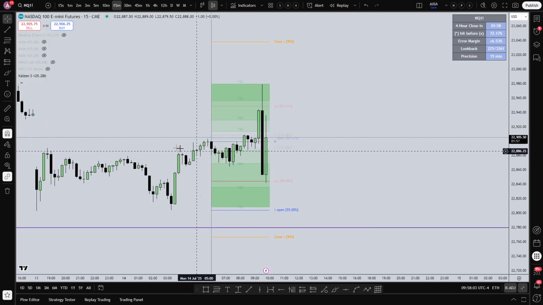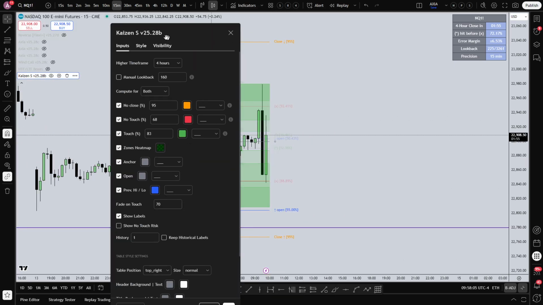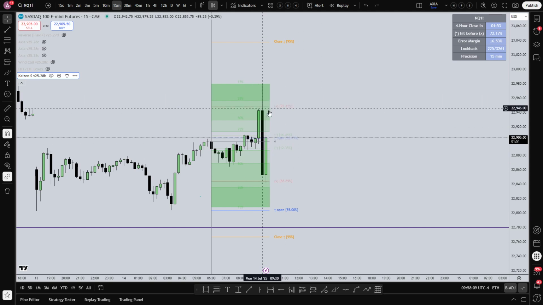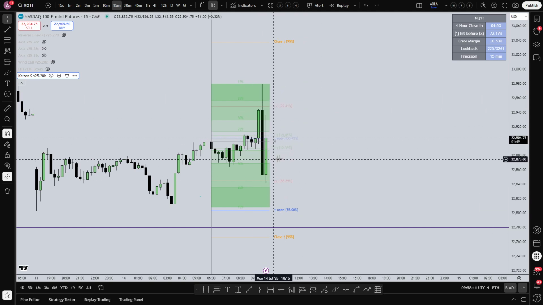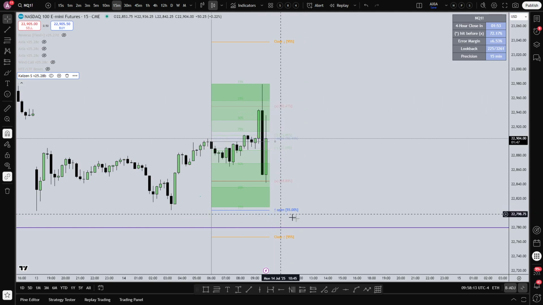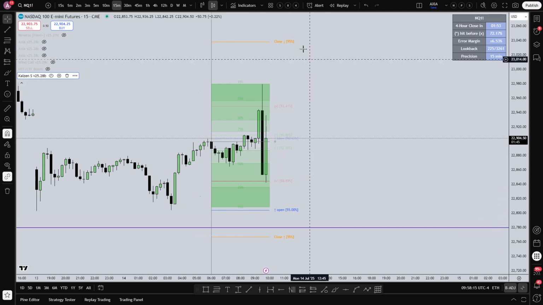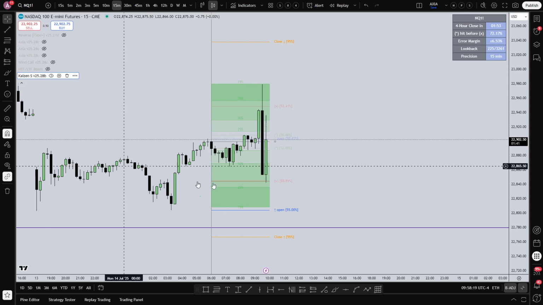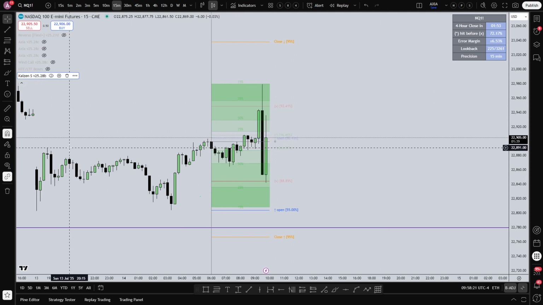I usually don't keep the heat maps. What I just have is the X, the star, the open, and the other probabilities of where it's going to close, and so on. Once it gets loaded, I'll show you guys what I'm talking about.